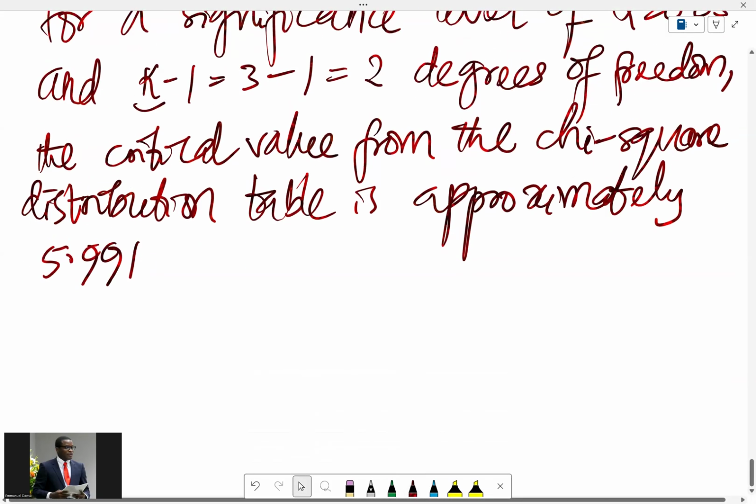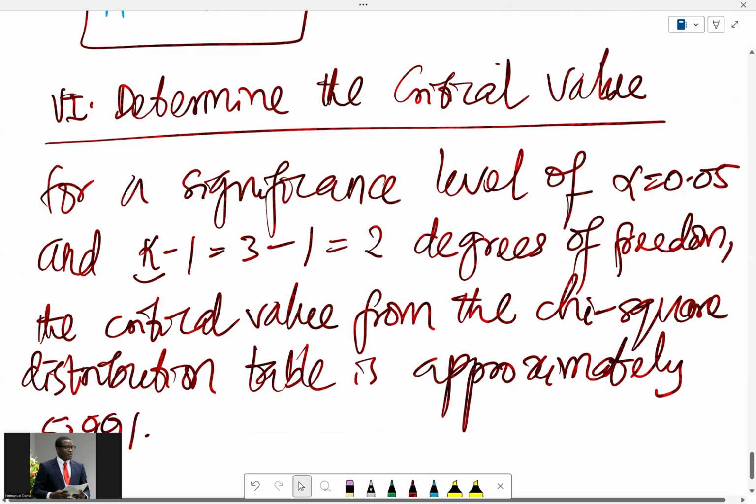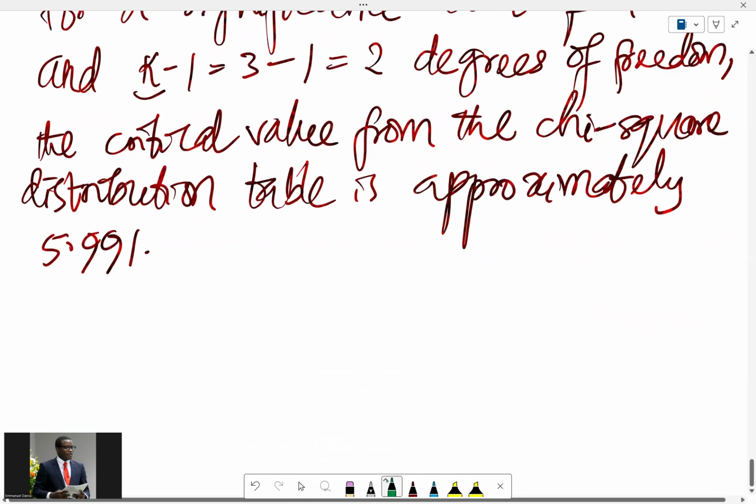Okay, so with that, we have 5.991, right? That's step 6. Let's go to step 7.